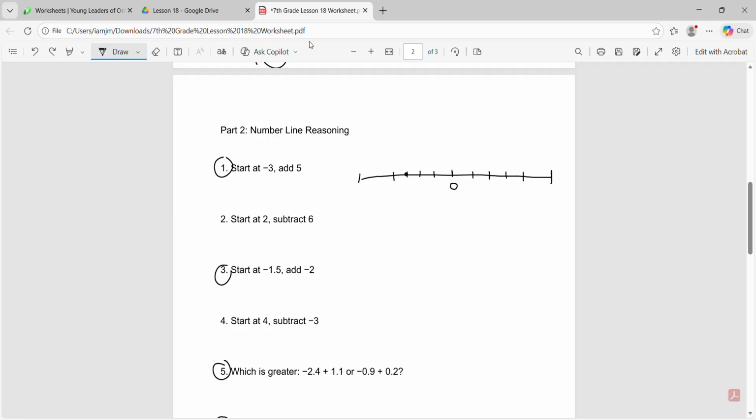We get 2. Next, start at -1.5. Add -2, which just means subtract 2, so go to the left by 2: 1, 2. We get -3.5.